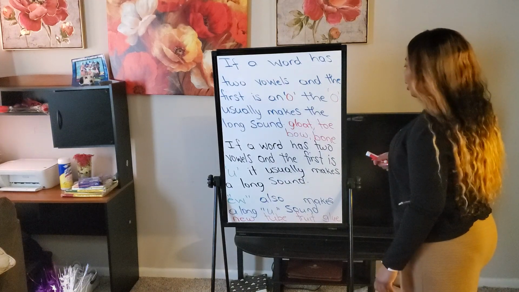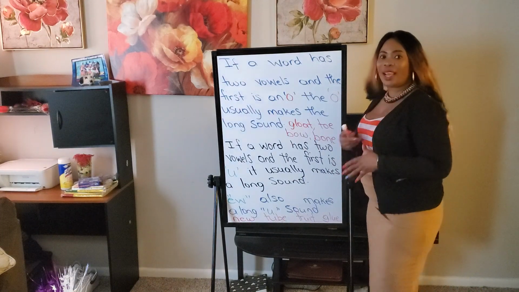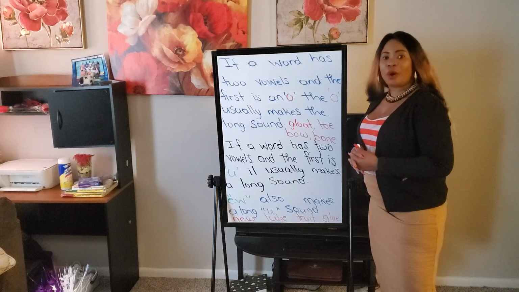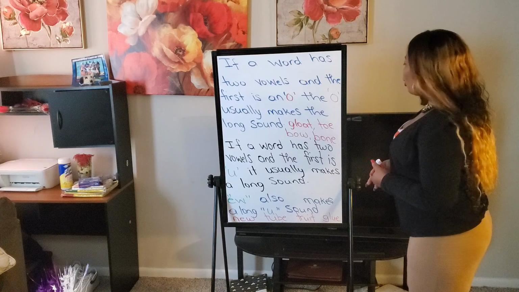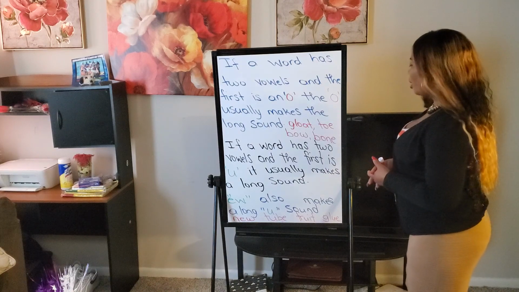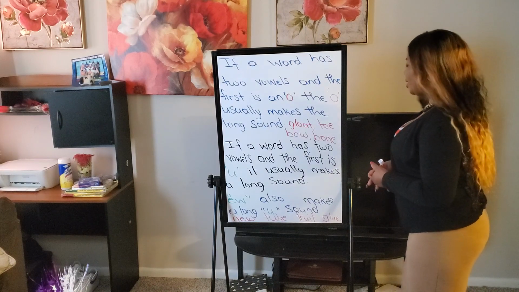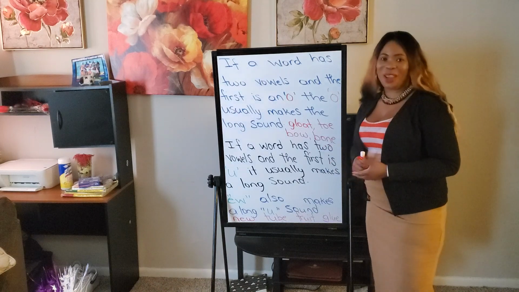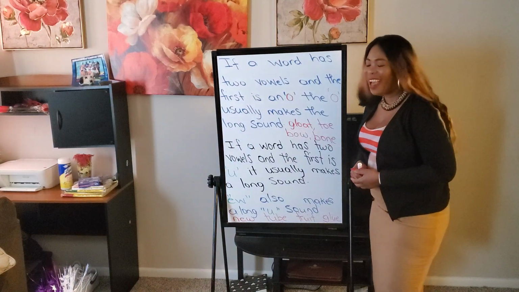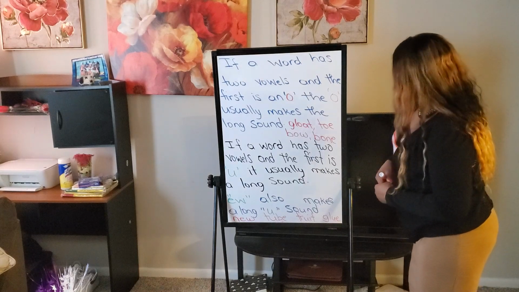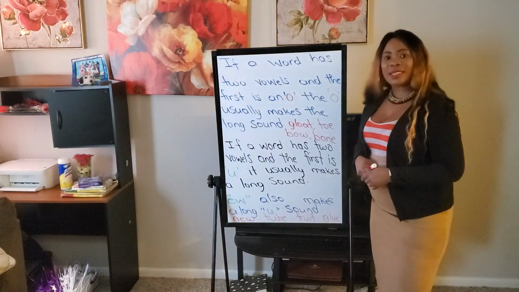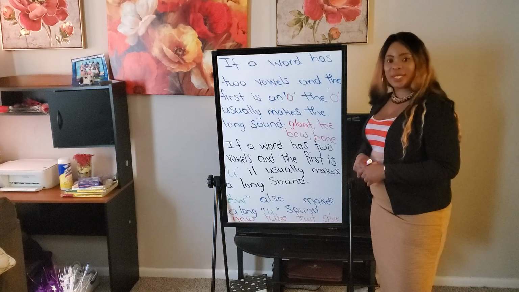If a word, and this is all about the letter U, long vowel sound U, okay? If a word has two vowels and the first is U, you can finish it now, right? I know, because the rules are so similar. Then it usually makes a long U sound.